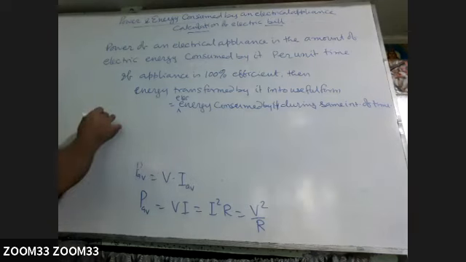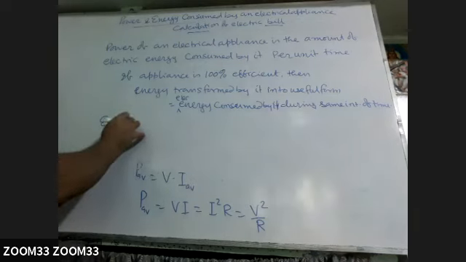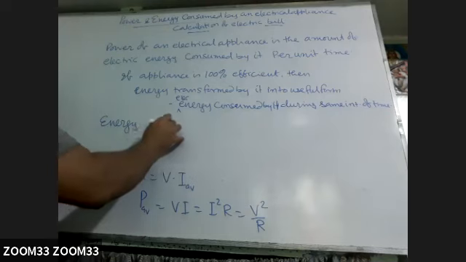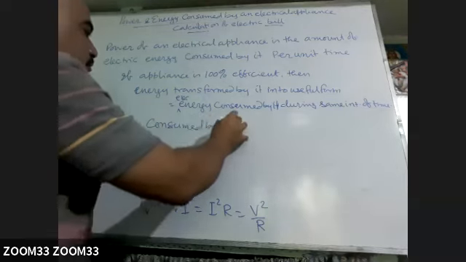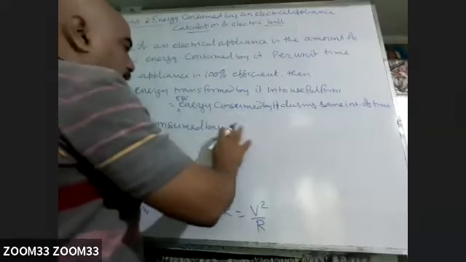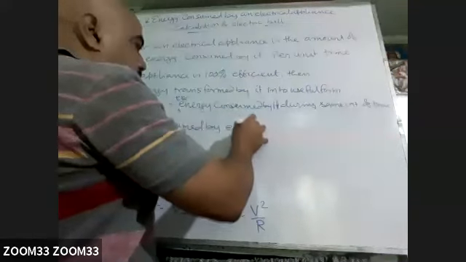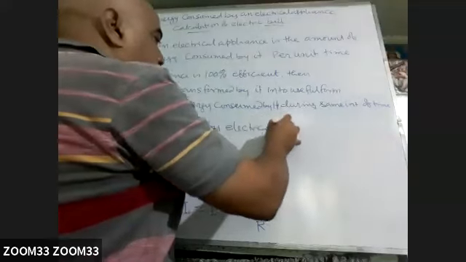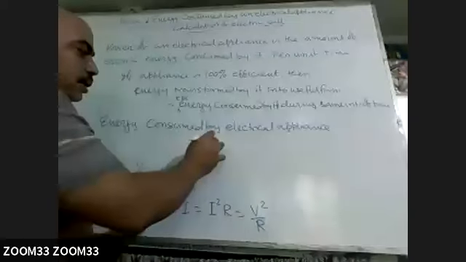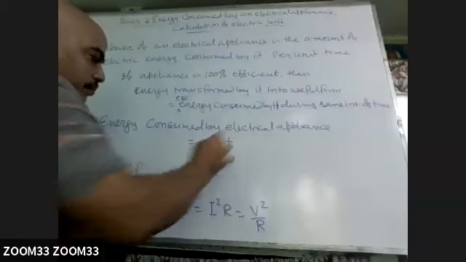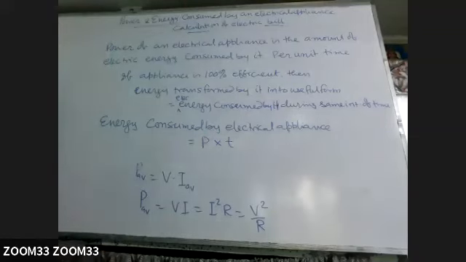Now this energy consumed by an electrical appliance will be its power into time. So generally, power of an electrical appliance is known or given.